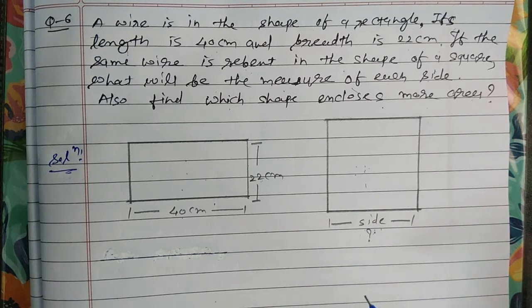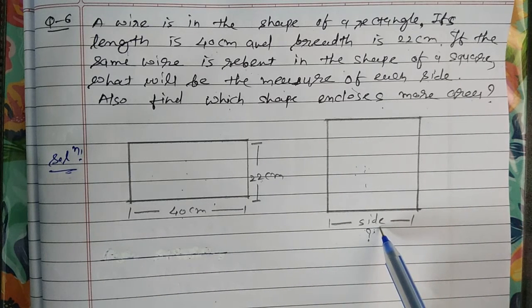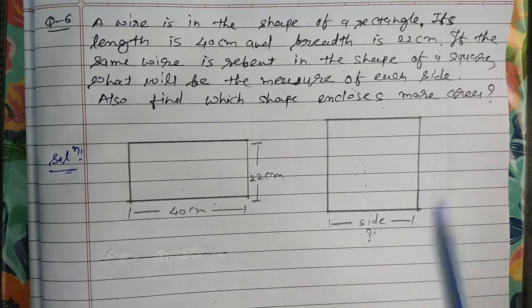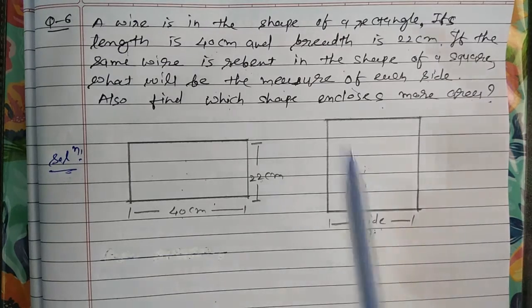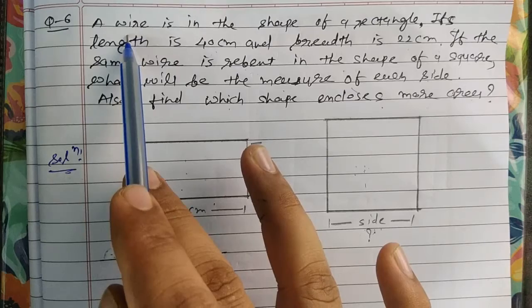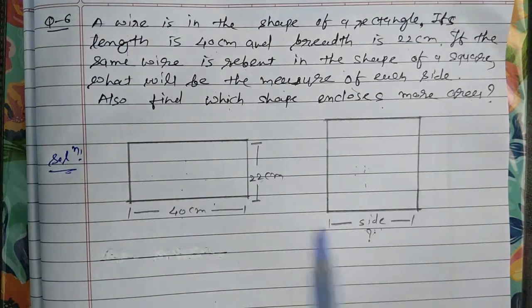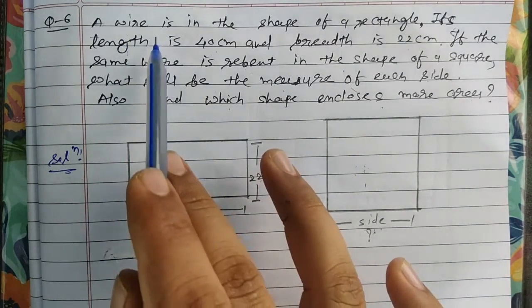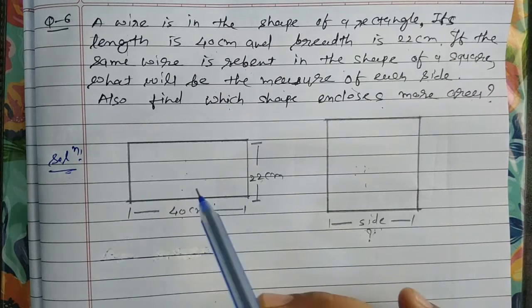So how can we use this information to find the length of the side of a square? Here we have to think about it, that the wire is in the shape of a rectangle. That wire has some exact length, and that length is nothing but the perimeter of a rectangle.